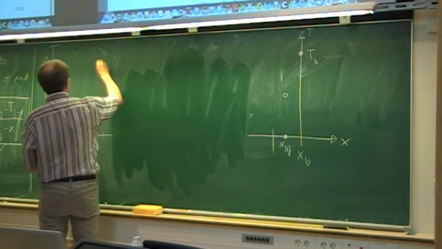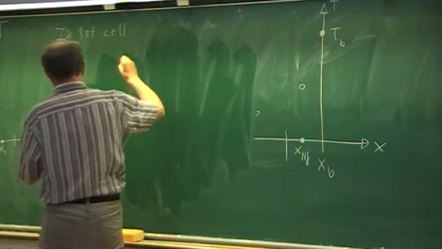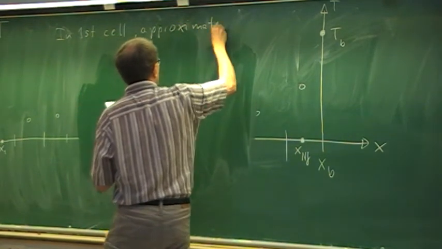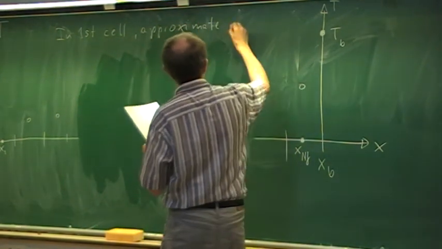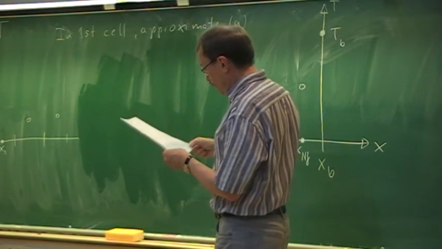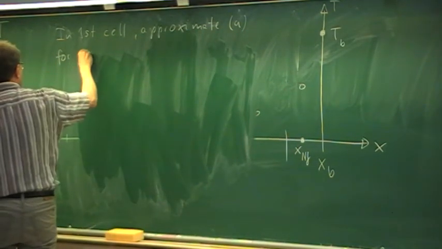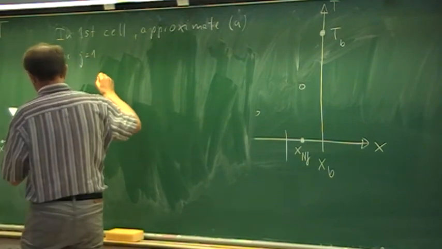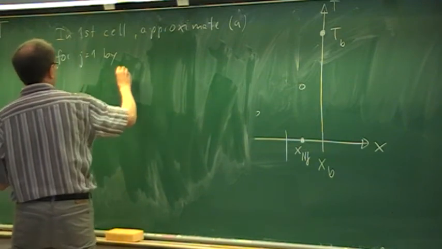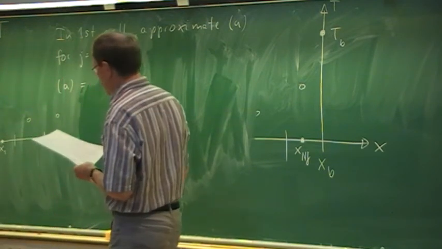So, in the first cell, we approximate our expression A for the flux of the temperature. That will be for J equal to 1 by the following. What do we need to approximate?